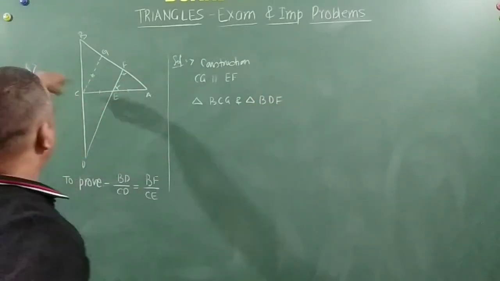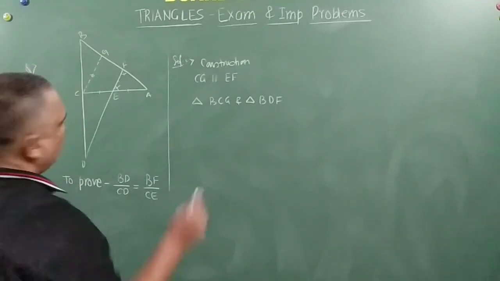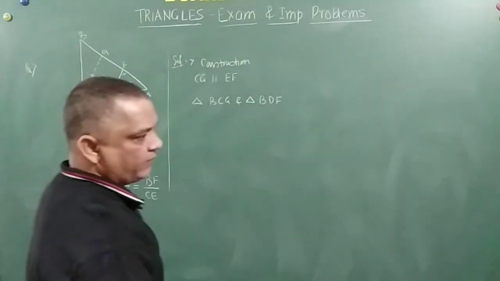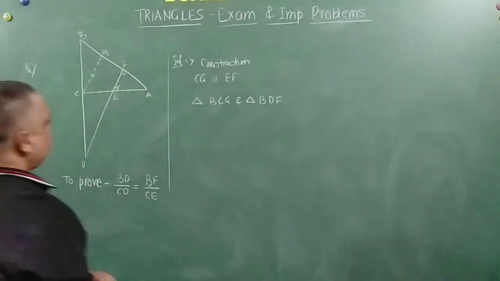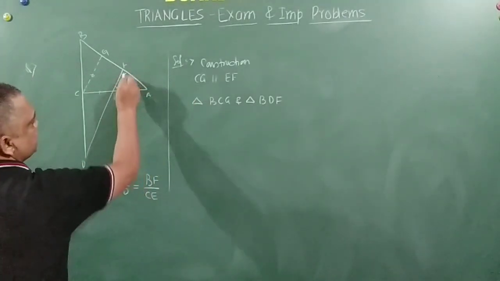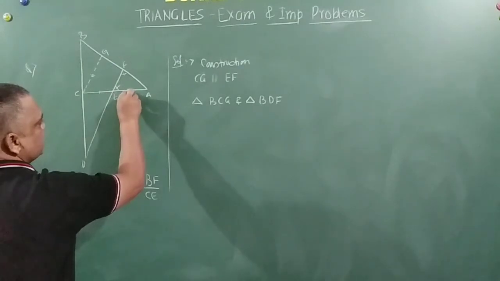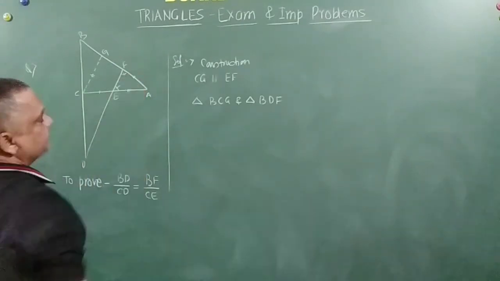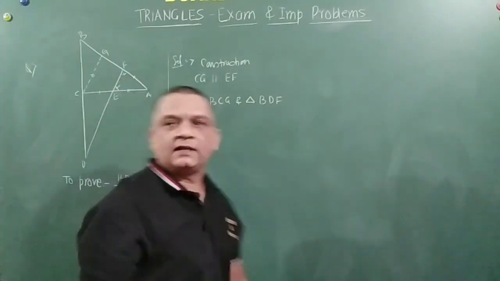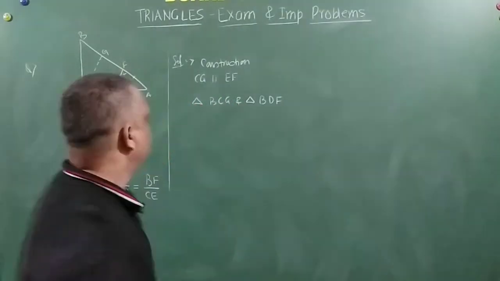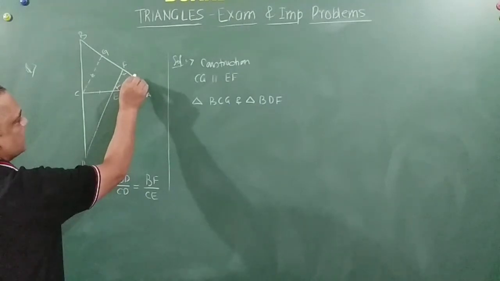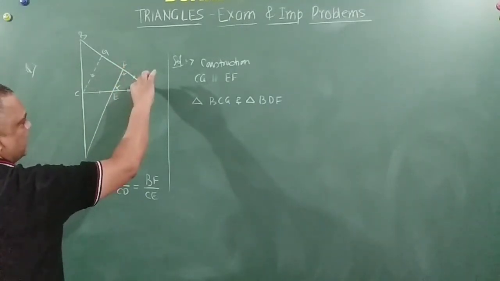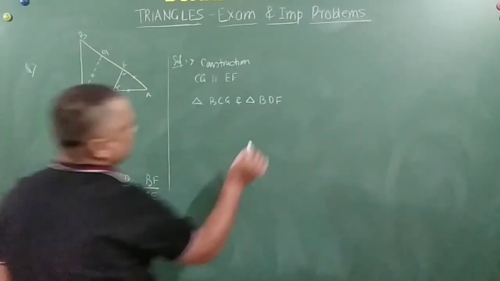There is one more important concept that we have to understand here: since this angle is equal to this angle, this side will be equal to this side. Sides opposite to equal angles are equal in a triangle, right? But this is equal to this and this is equal to this. Ultimately, AF is equal to CE.